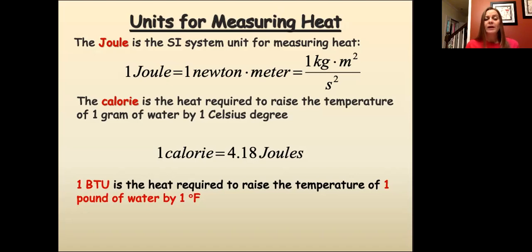So a BTU is much larger than a calorie or a joule. And you might see them in your everyday life, because if you go to purchase a stove or a grill, those are usually measured in terms of BTUs. So it'll tell you that that's a 10,000 BTU burner, and that's what it's measuring.